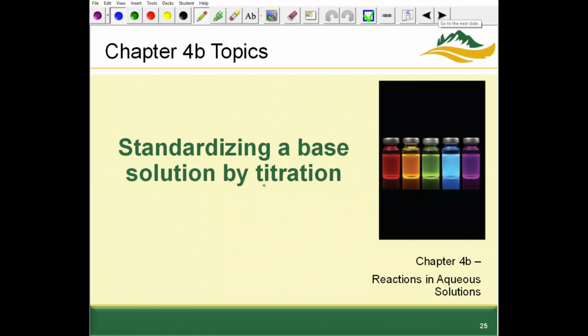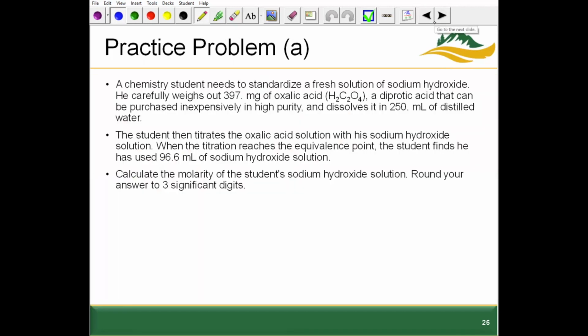This is still related to titration. We'll do a little bit more practice on titration, standardizing a base solution using titration. For this practice problem, we need to standardize a fresh solution of sodium hydroxide. We have this many milligrams of a diprotic acid that can be purchased in high purity, and dissolve it in 250 mL of distilled or deionized water.